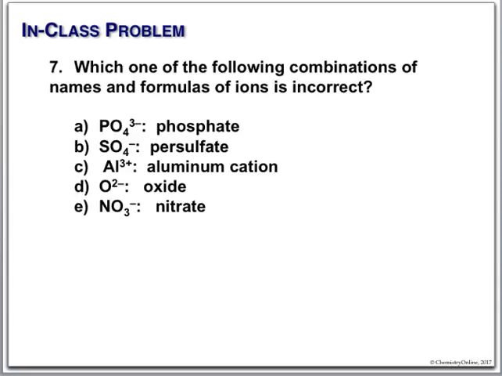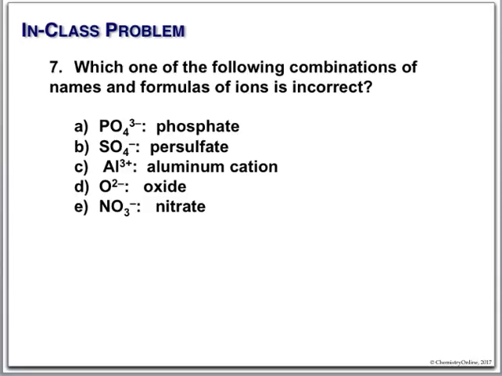Now our polyatomics. We have PO4 3 minus, SO4 minus, and NO3 minus. First thing it should just jump out at you, because this is a common one we use all the time. SO4 is going to be a 2 minus, isn't it? So that's wrong.